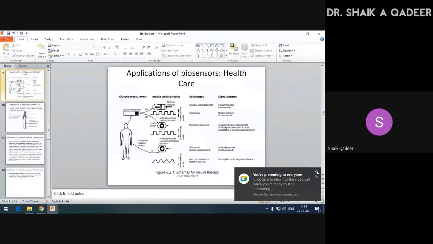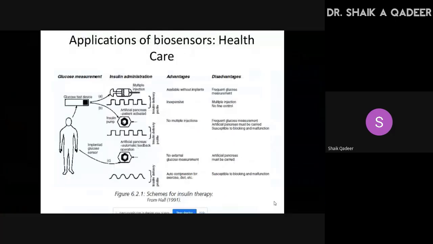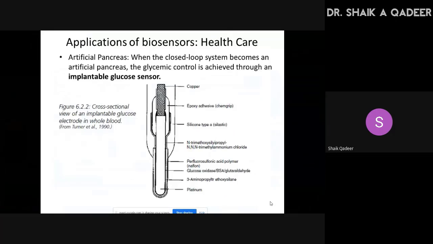Okay, welcome back. So in the above figure, I have shown you the biosensor, measurement of glucose externally and also internally with the help of artificial pancreas. This is actually the discussion of artificial pancreas. The purpose of this is to get used when the closed loop system becomes an artificial pancreas.